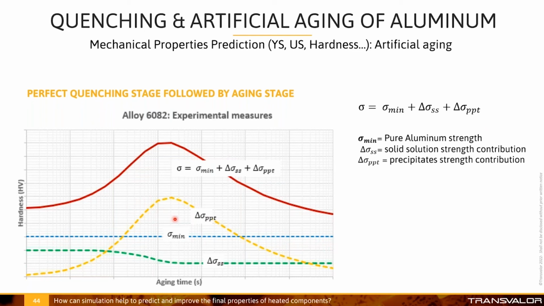Sigma precipitate is the contribution of the precipitates, the appearance of the precipitates during the artificial aging. And sigma SS is the solid solution strength contribution. We add the three of them to determine the final mechanical resistance. Then we can see the final mechanical resistance has the same form as the precipitate contribution.